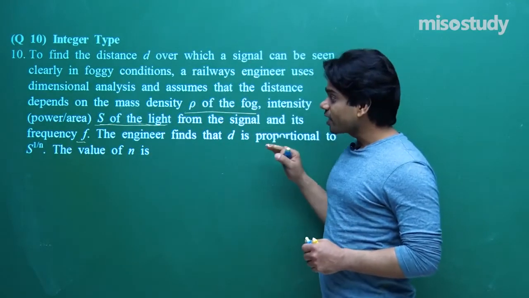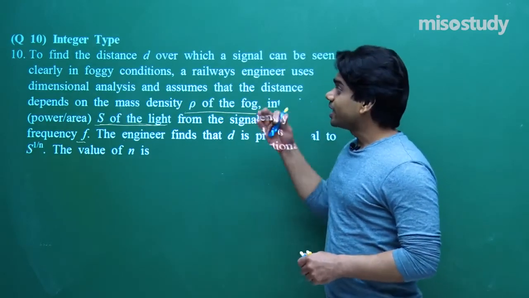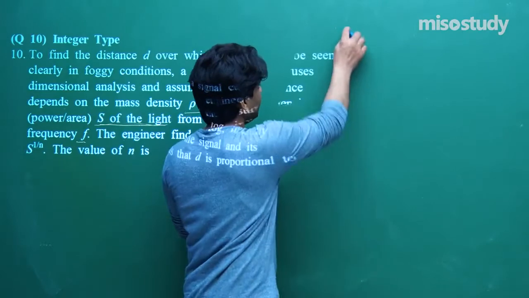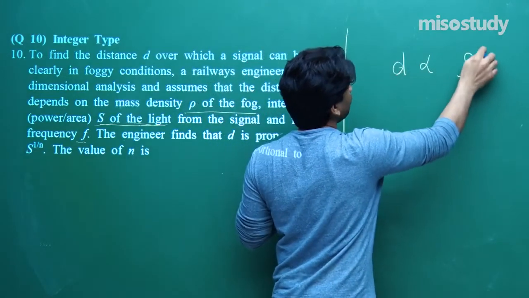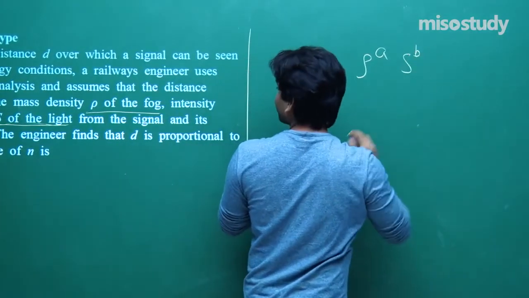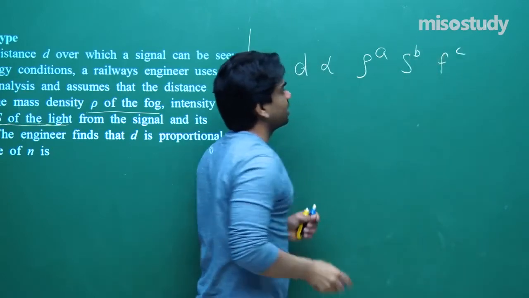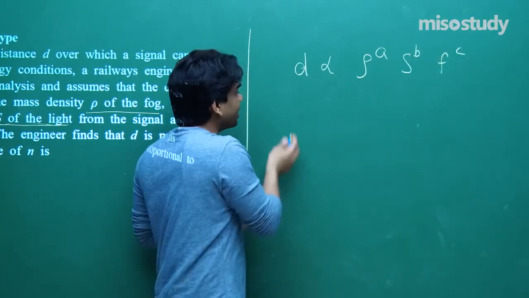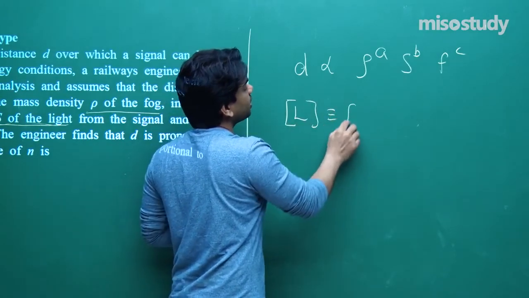Now I have explained how to solve such kind of dimensional questions. The distance d over which you can see is proportional to density rho power a, intensity S power b, and the third term, frequency f power c. So writing the dimensional formula, distance d is L, and this should be dimensionally correct.